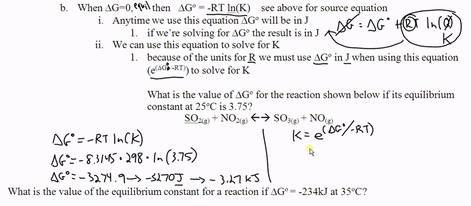Alright, so like I was saying, we've got our equation here to help us get our standard free energy turned into the equilibrium constant. And so it's time to bring in our numbers, and so K is equal to E, and this has to be negative 234,000 because R is presented in joules, which means that our standard free energy value also has to be represented as joules. So kilojoules converts to this many joules, right? Negative 234 kilojoules is negative 234,000 joules.